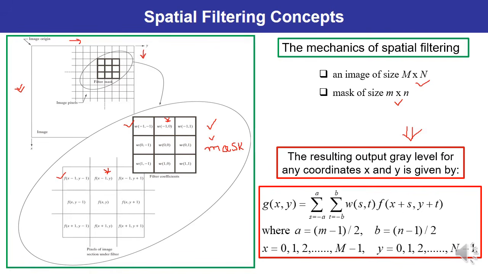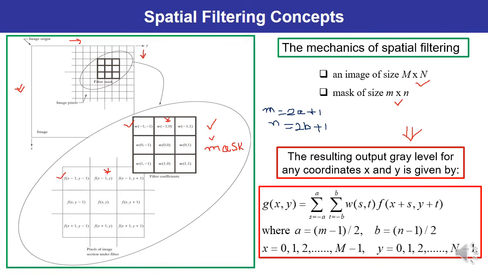Here small m and small n denote the mask size. m is taken as 2a plus 1, while small n is 2b plus 1.